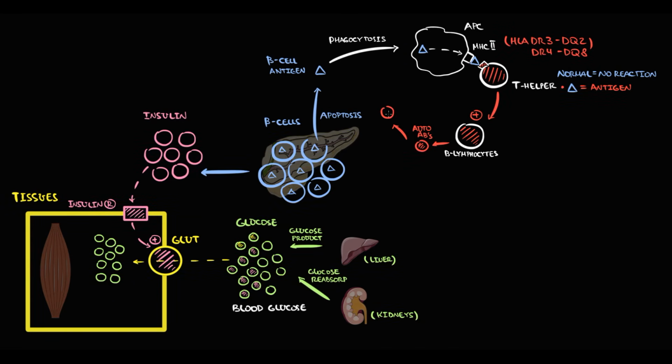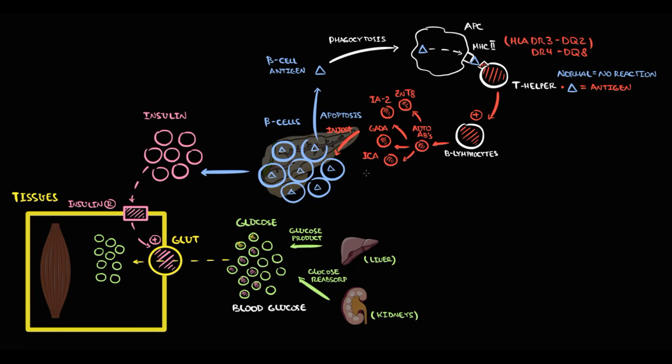First of all, they produce antibodies against protein tyrosine phosphatase. Also, they produce antibodies against glutamic acid decarboxylase. In addition to this, they can produce antibodies against islet cells and against zinc transporter. Antibodies are highly reactive substances that can cause severe direct injury to pancreatic beta cells.